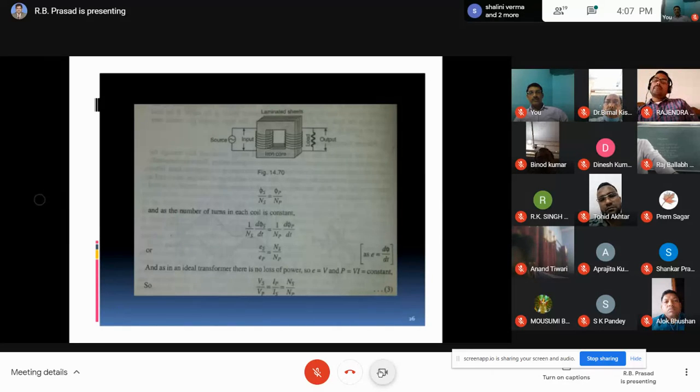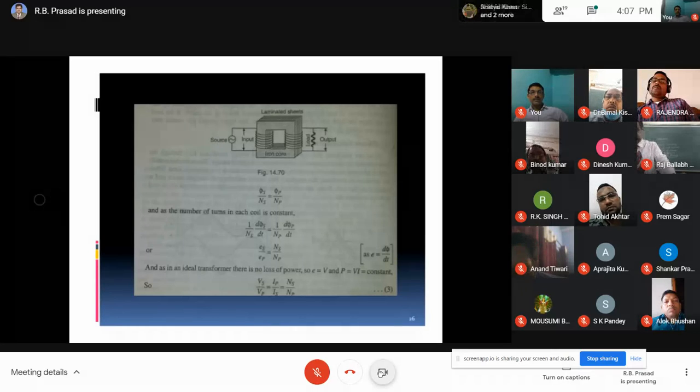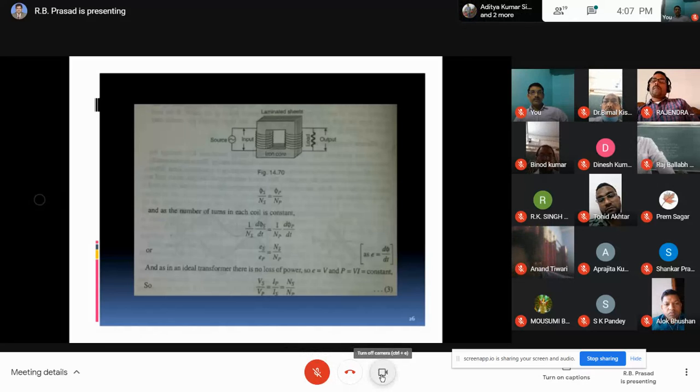The rate of change of flux is equal to induced EMF. So for the secondary it is E S, and d phi P by dt, in the primary, will be taken as E P. So if we calculate E S by E P, we will get N S by N P.